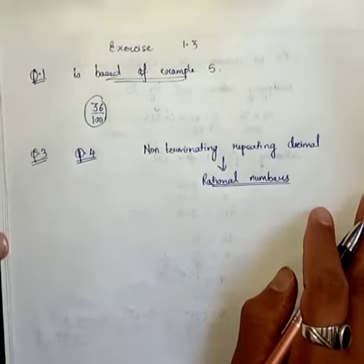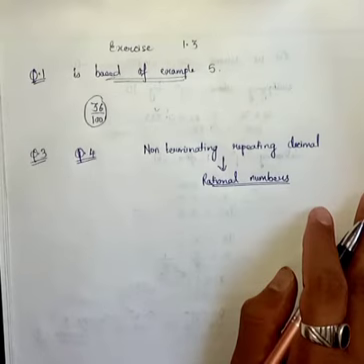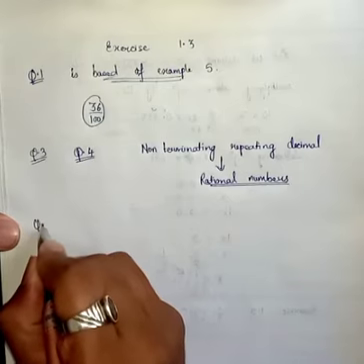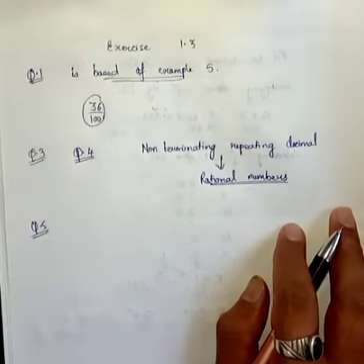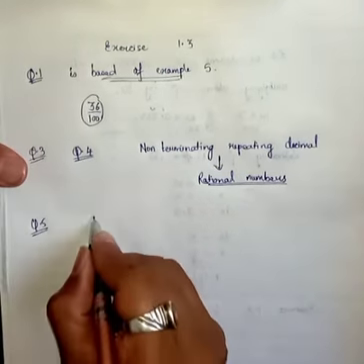Now coming to question number 5: what can be the maximum number of digits in a repeating block of digits in the decimal expansion of 1 by 17?